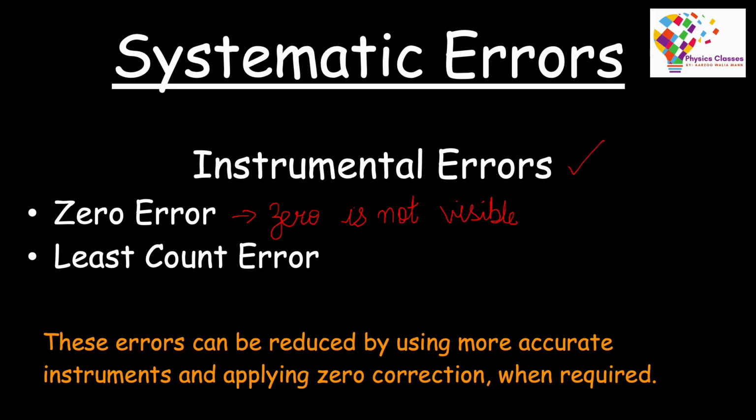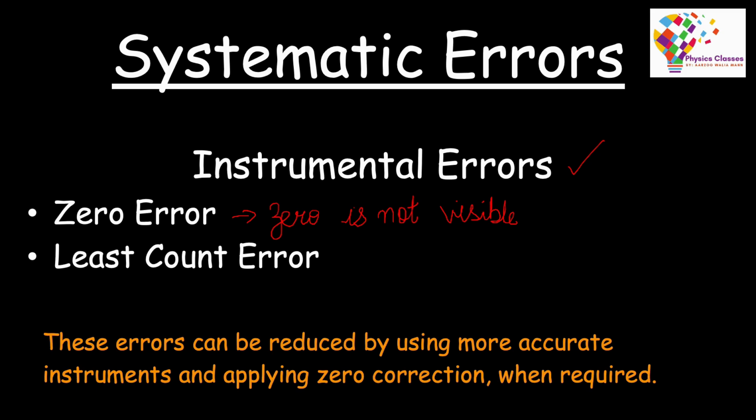If you try to measure values which are less than the least count of the instrument, the least count error occurs, because the device cannot measure those values with complete accuracy. Instrumental errors can be reduced by using more accurate instruments and applying zero correction whenever required.